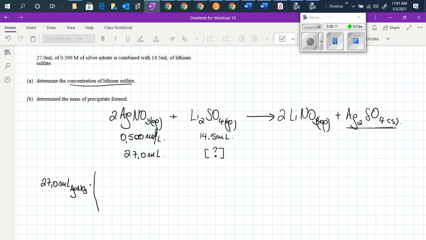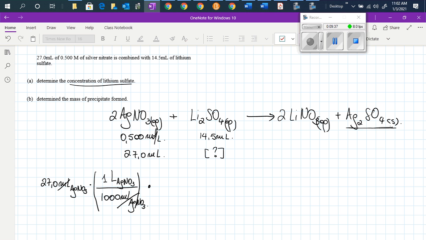Let's convert it into liters. Why do we need to convert it into liters? It's because the concentration is given in moles per liter, so everything is in liters. 1 liter of silver nitrate. So milliliters and milliliters cancel out. And the whole point, as I said, is to move to moles.